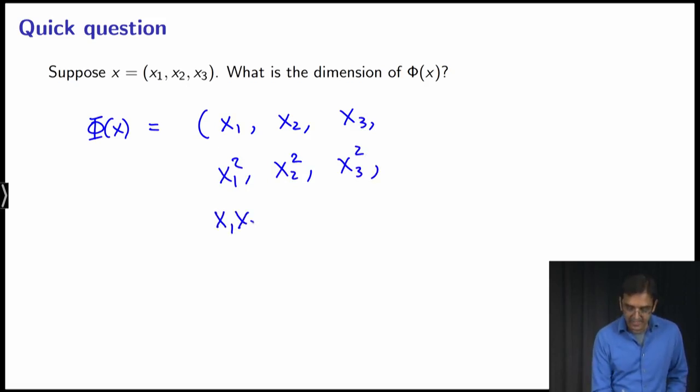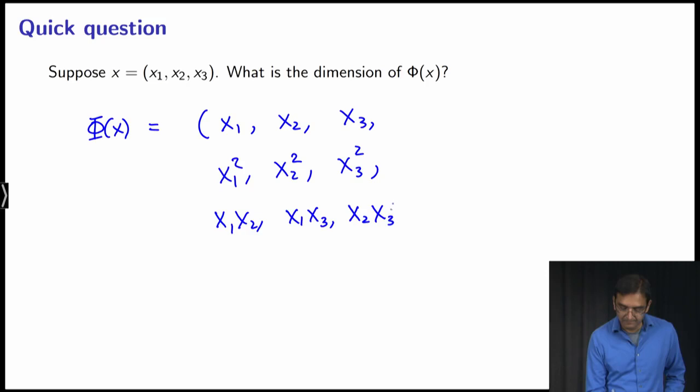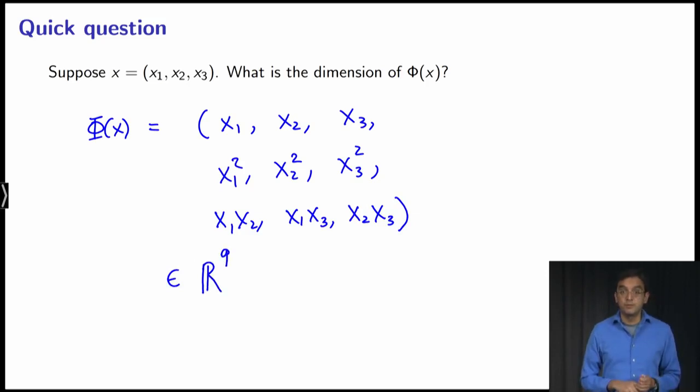Okay, so we have x1 x2, x1 x3, and then x2 x3. So what is the dimension of this vector? It is 9-dimensional.